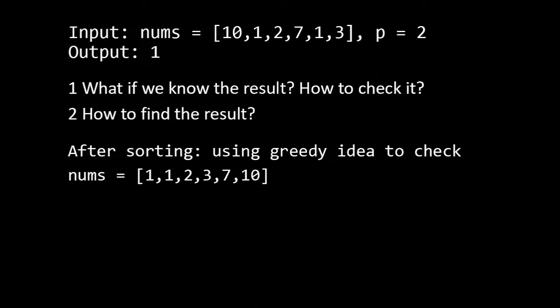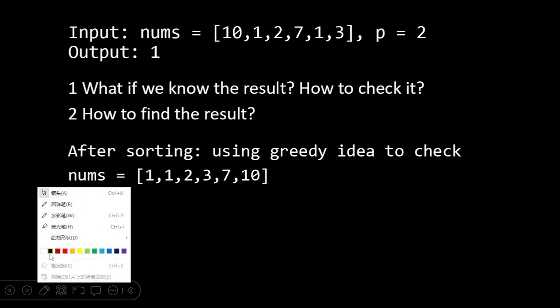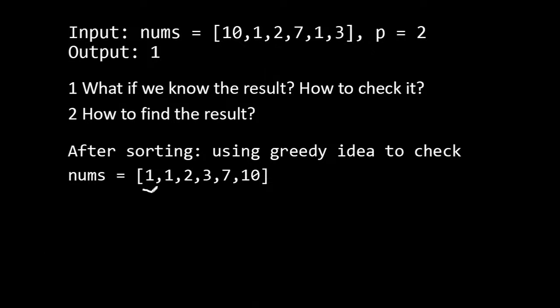So how can we prove that there are two pairs? We can prove that easily. The first one and the second one can be a pair. So 1 minus 1 is 0, and 0 is less than or equal to 1, right? So we found one pair. What about another pair? It is 2 and 3. So 3 minus 2 is 1, and 1 is less than or equal to 1.